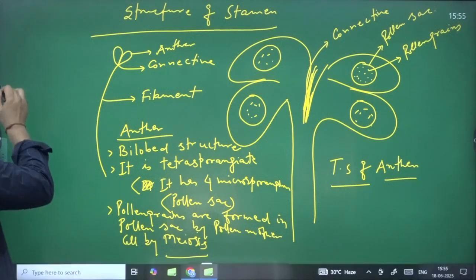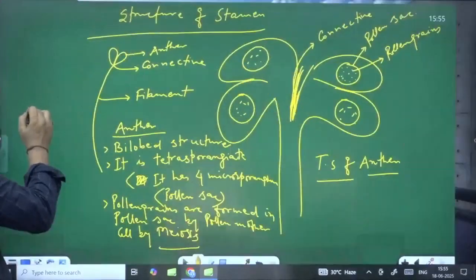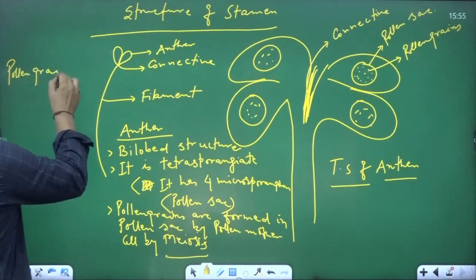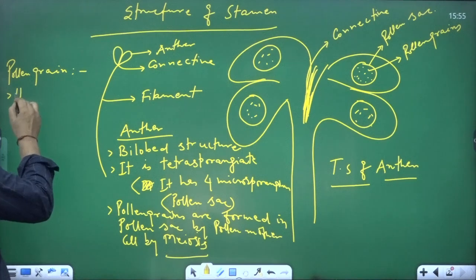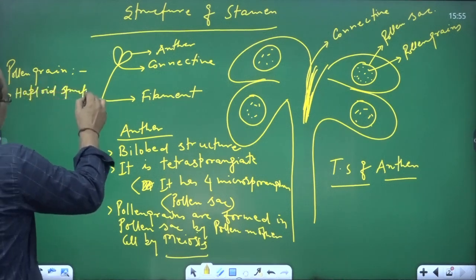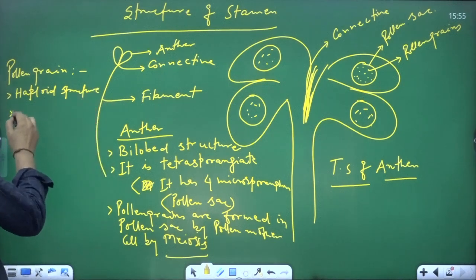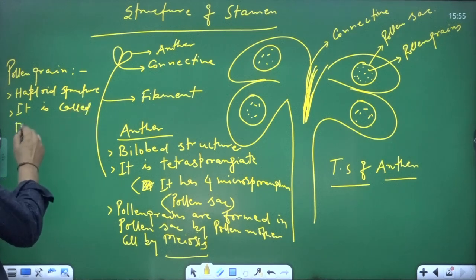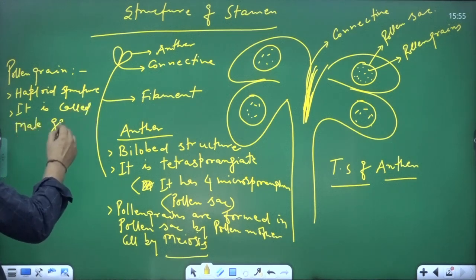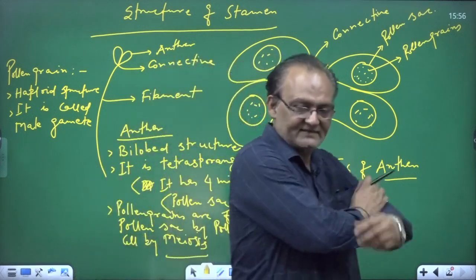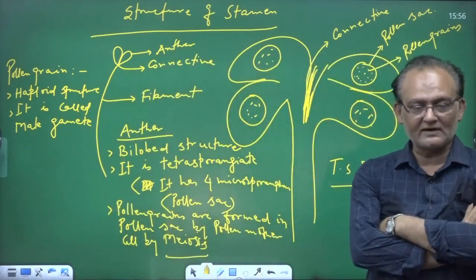A pollen grain is a haploid structure. Second, it is called the male gamete, right? So the pollen grain is the male gamete produced by the pollen mother cell through meiosis, and it is found in the pollen sac.